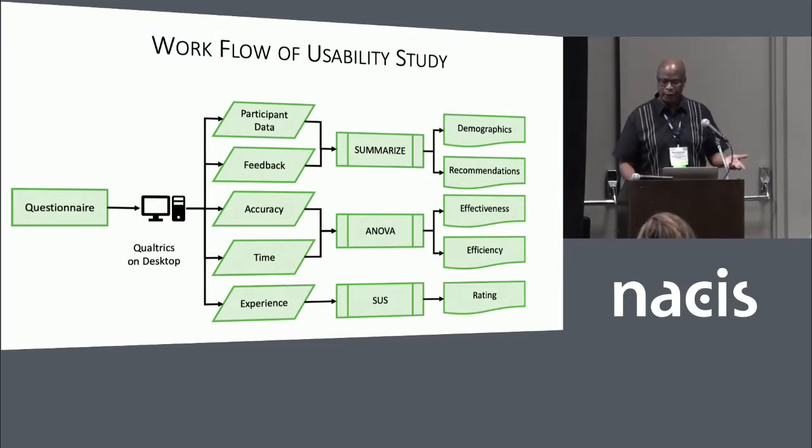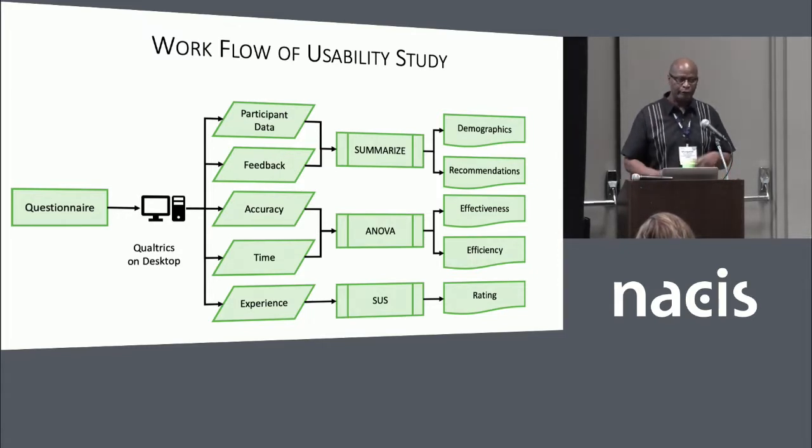And then in that questionnaire, in performing tasks and in responding to some of the questions, the participants provided us with their basic biodata, and they also gave us their open feedback, which we summarized and generated some demographics and used some of that open feedback to make recommendations.